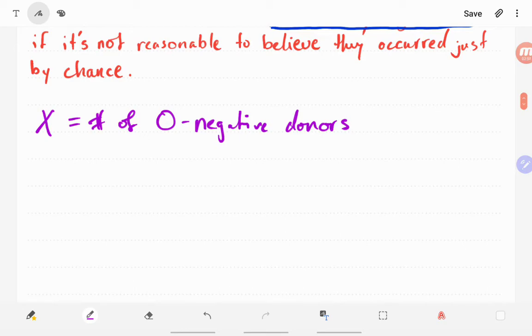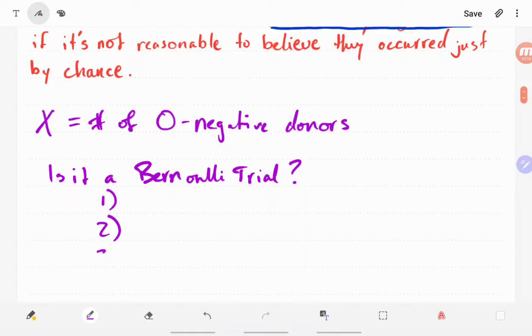If we want to apply a normal model to this, which might be useful, we need to know whether or not it's a Bernoulli trial. So how do we know if it's a Bernoulli trial? Well, we need to answer our three different conditions.